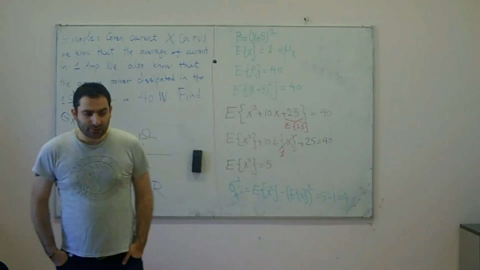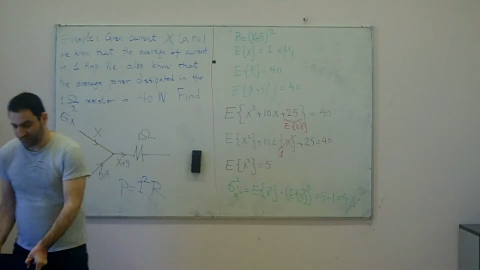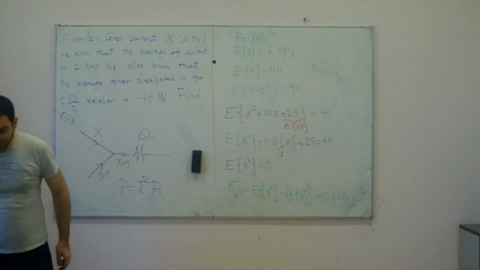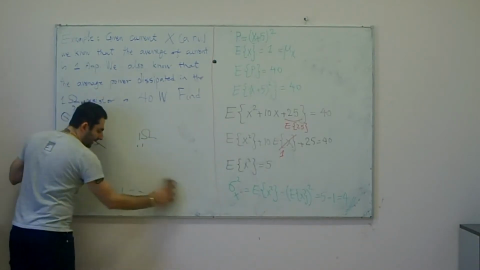Now, let's see what will happen if we have two random variables which are statistically independent. Let's write the theorem and also prove the theorem.